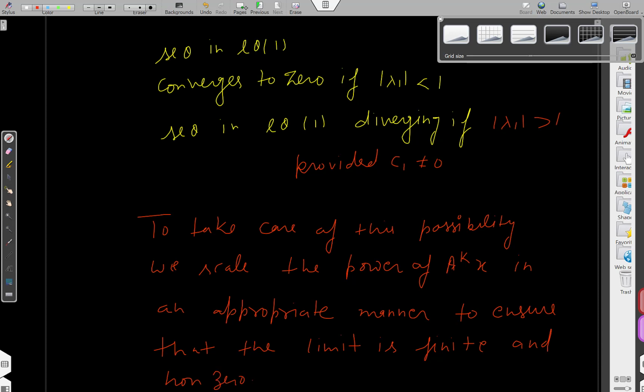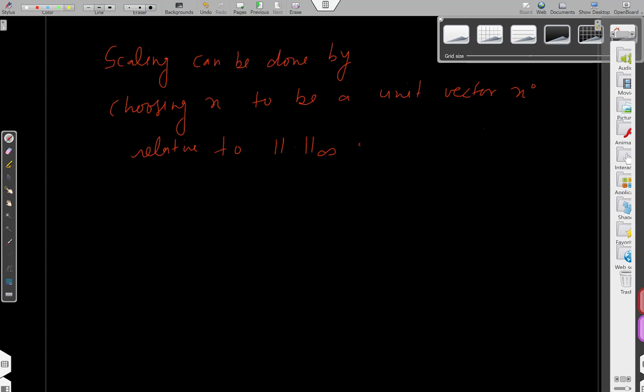So the limit is finite and non-zero. So unit vector x0 relative to infinity norm for the vector.